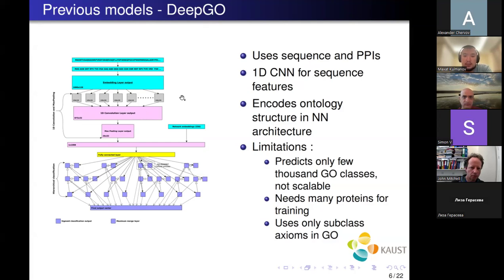And the second type of information that we wanted to learn from was protein-protein interaction networks. Here we don't have the model, but this embedding comes from a method called DeepGO-SE that we used to learn representation from the PPI graph for the protein.